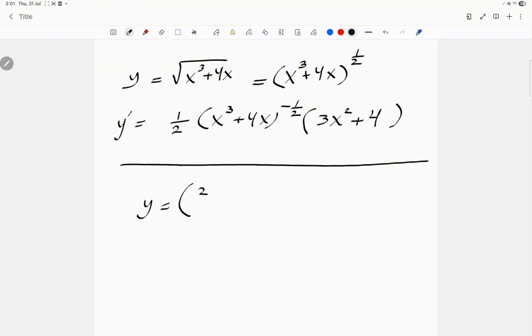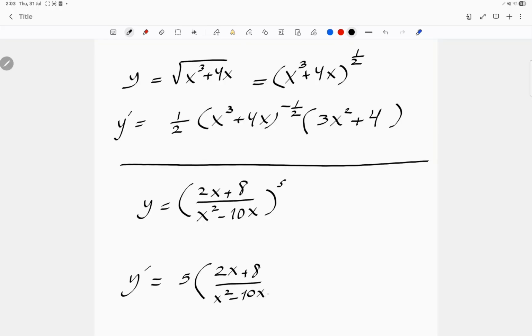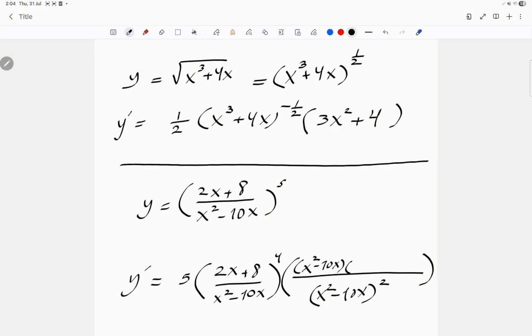y is equal to ((2x plus 8) over (x squared minus 10x)) to the power of 5. Find the y prime. So first bring the 5 down and make the power how much? Exactly. Then differentiate the fraction by using the quotient rule. That's the fraction, so you're going to have x squared minus 10x, times the derivative of 2x plus 8.